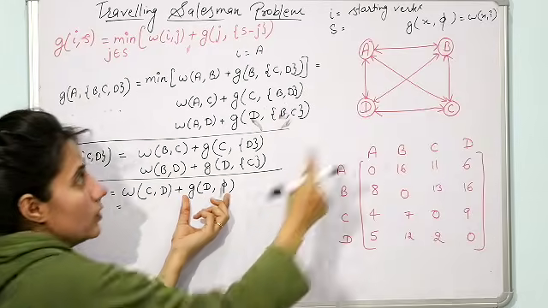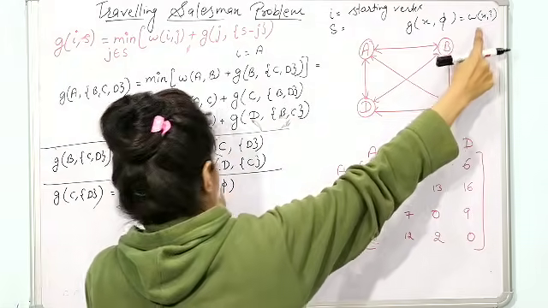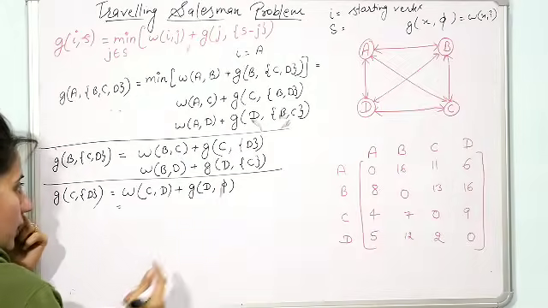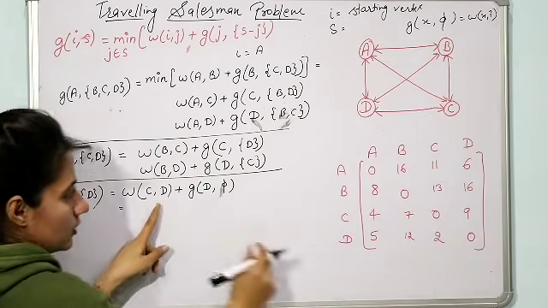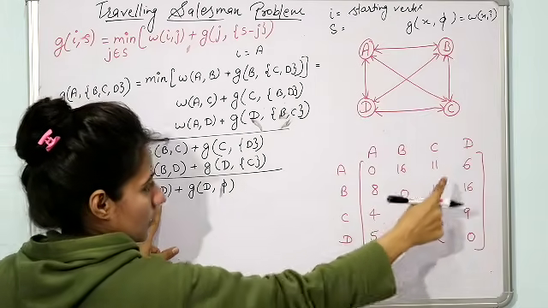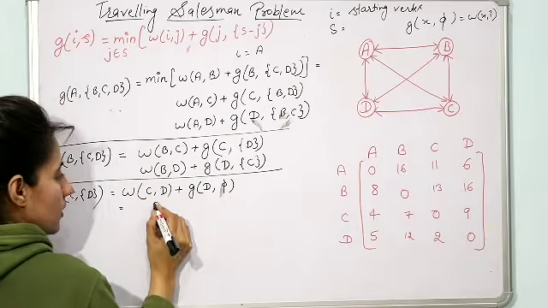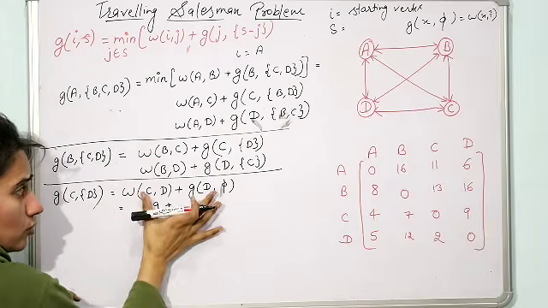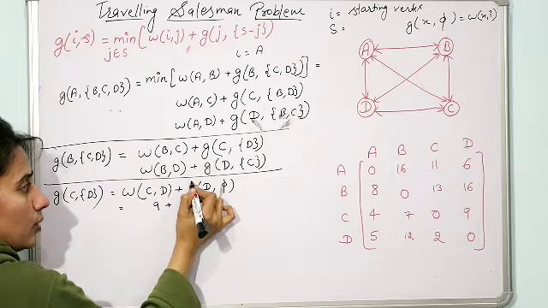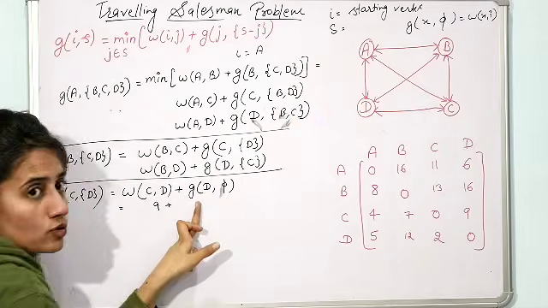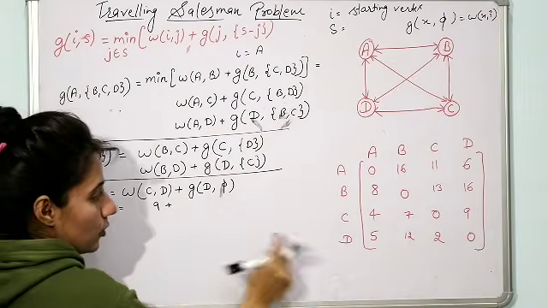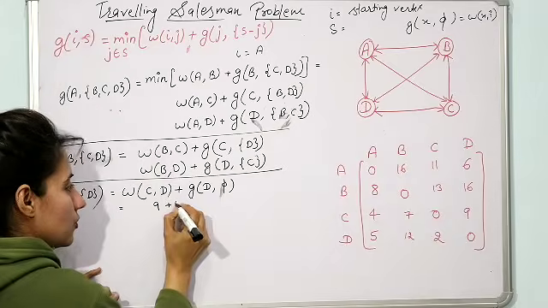So rather than this we can write here weight of D to A. Now solve this one. What should be the value? It would be weight of C to D, that is 9. See, we can solve this one because here we have W only. We don't have any G functions, because this is equivalent to weight of X to I, plus D to A, that is 5.